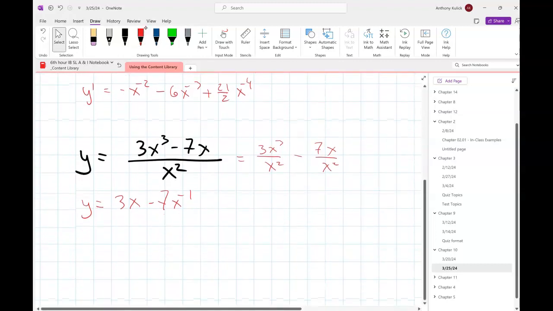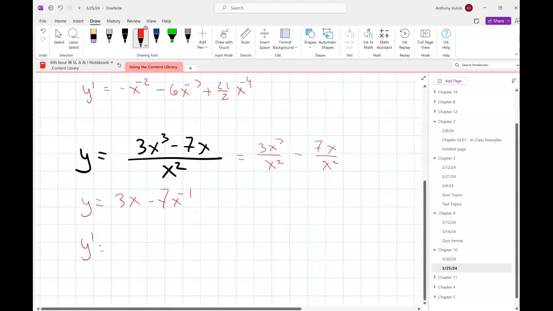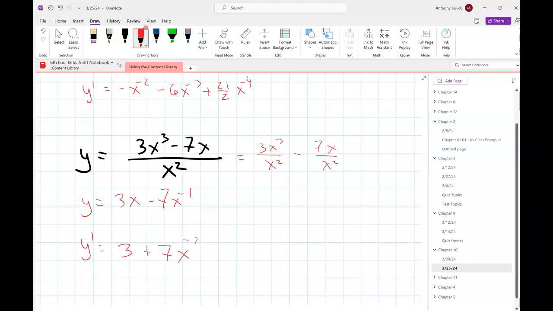Because now when I want to take the derivative, what's the derivative of 3x? 3. And the derivative of negative 7x to the negative 1? Negative 7 times negative 1 gives 7 x to the negative 2, right? Because you've got to subtract 1 from the exponent.